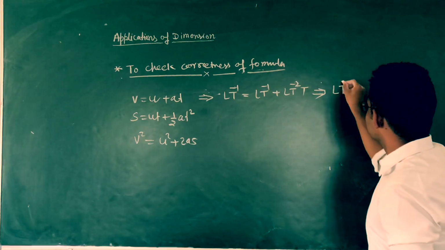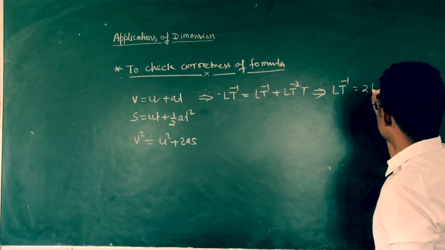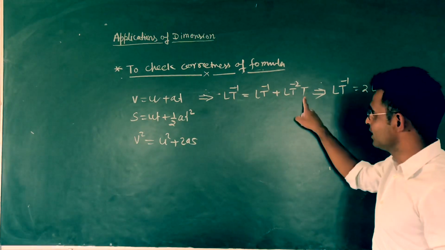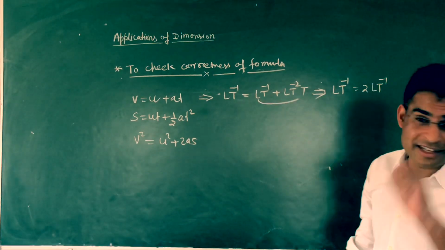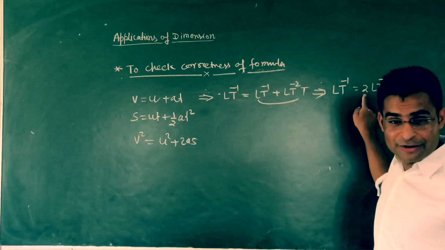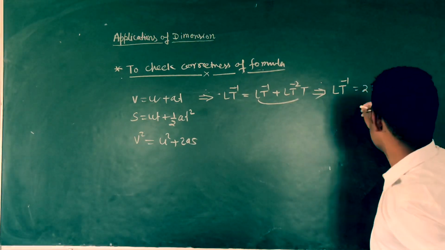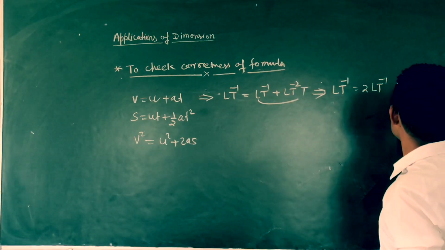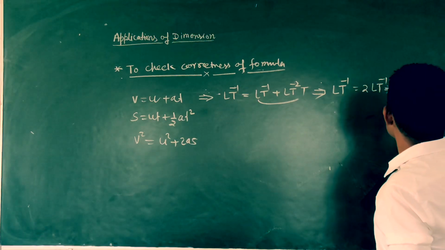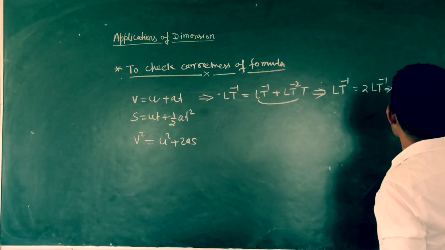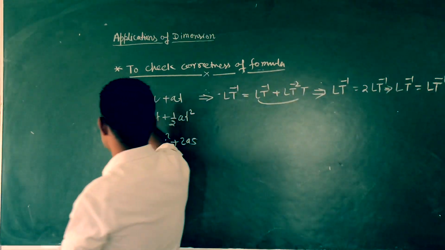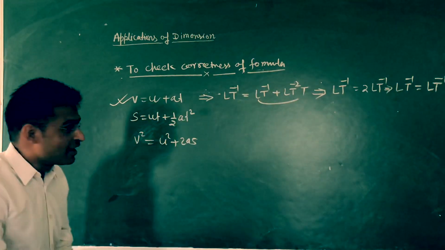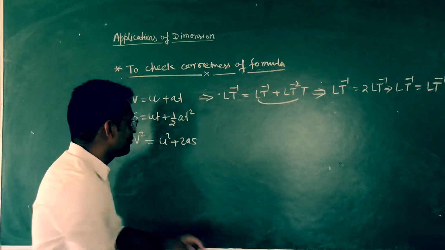Left hand side LT^-1 and right hand side 2LT^-1. See, this one becomes LT^-1, and this one is already LT^-1. If I add these two, it becomes 2LT^-1. So this 2 I'll neglect, it's a constant. So what I'll get is LT^-1 is equal to LT^-1. It means simply this formula is right, a right formula.